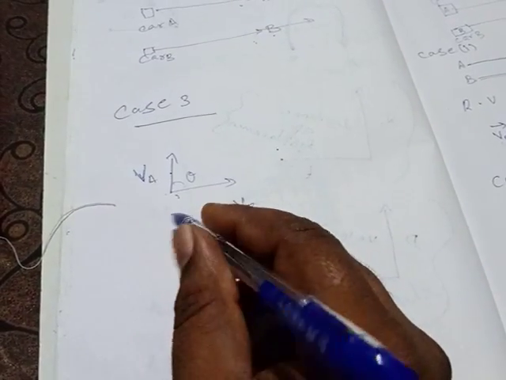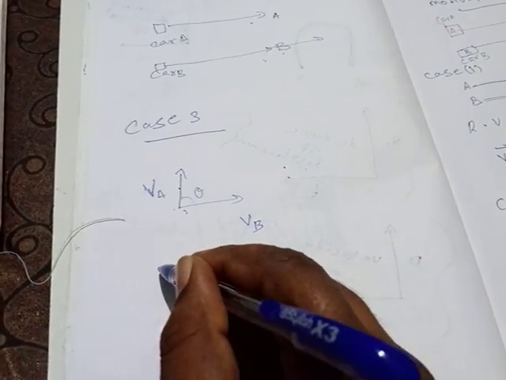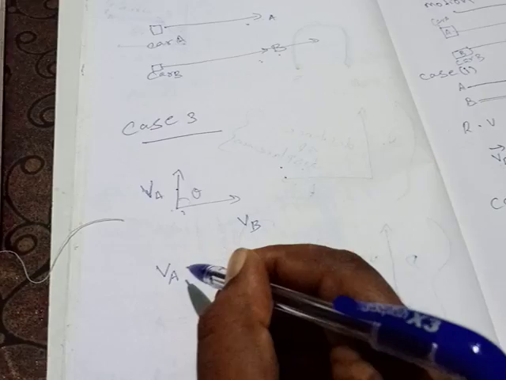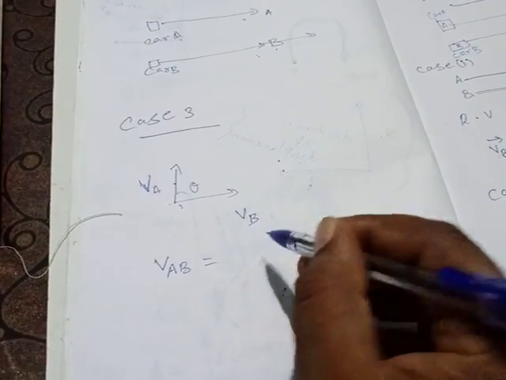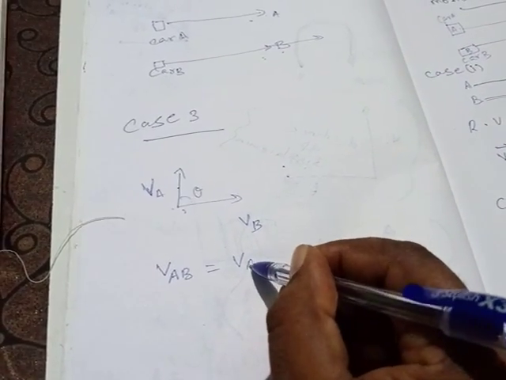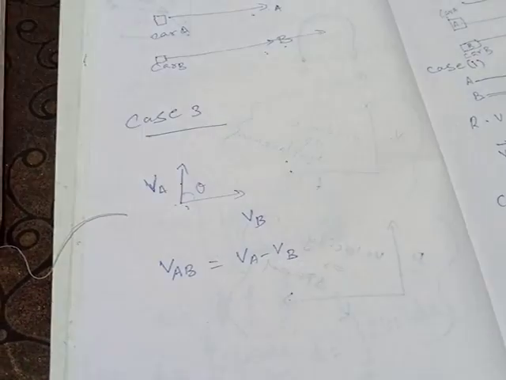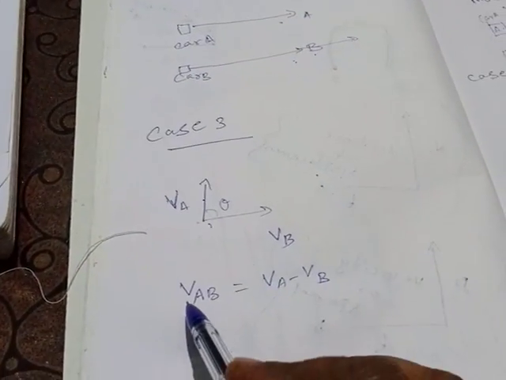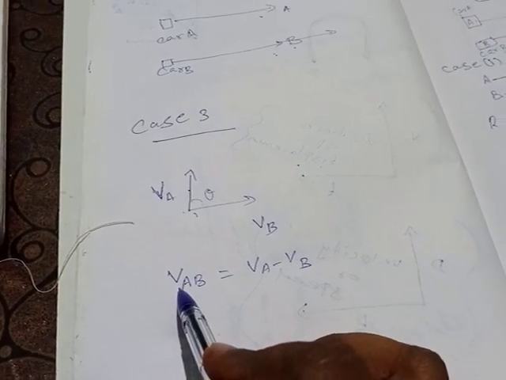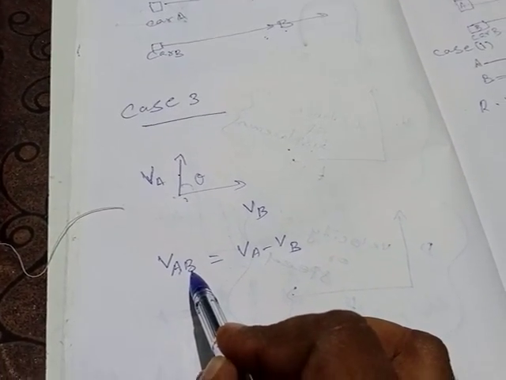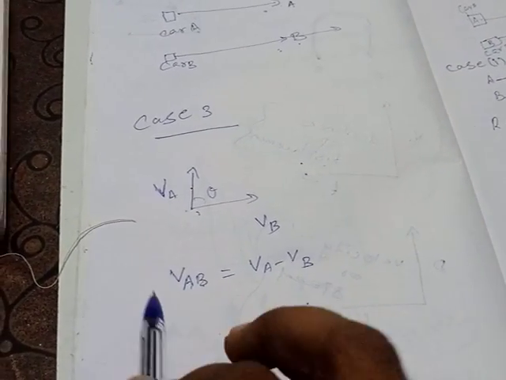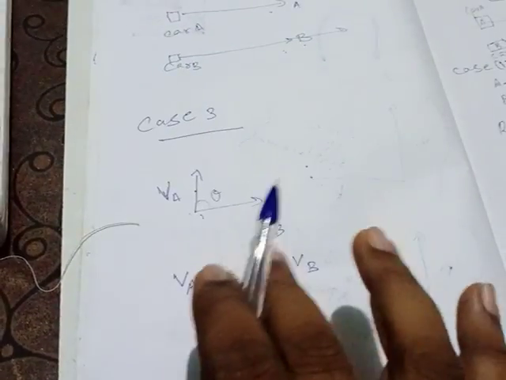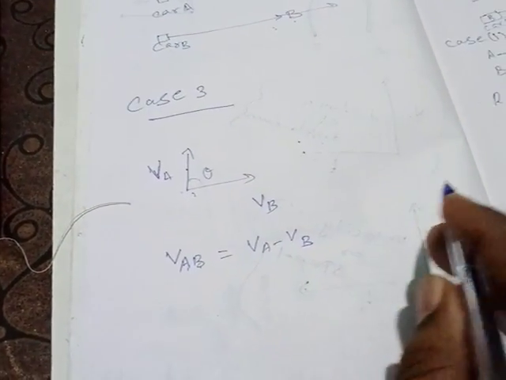The relative velocity of object A with respect to B is the same thing, VA minus VB, and for BA also you will get the same thing.